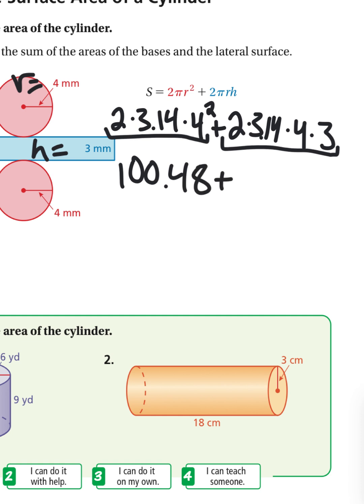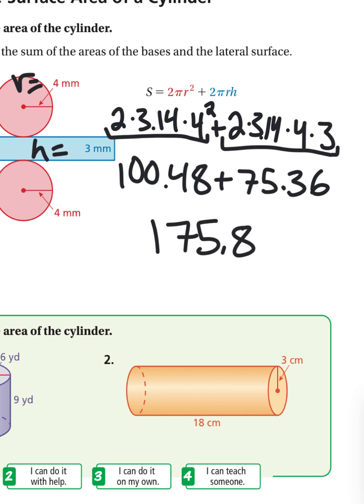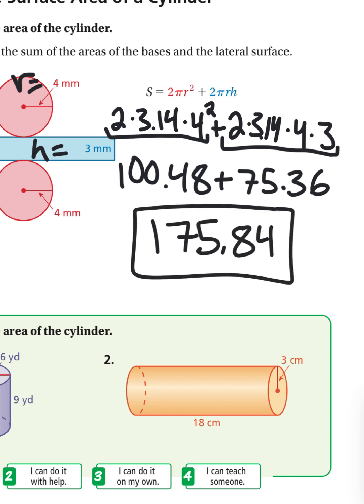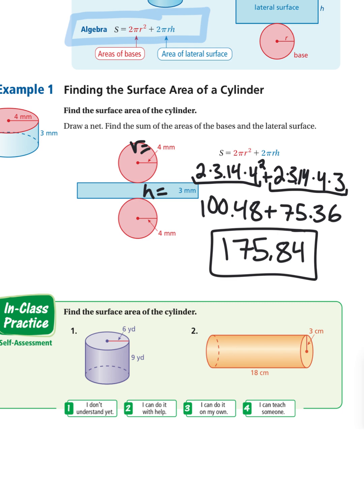And then we have 2 times pi times 4 times 3, which is 75.36. And we're going to add those together, and we get 175.84. So the surface area of this cylinder is 175.84.